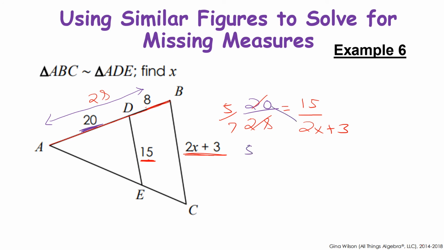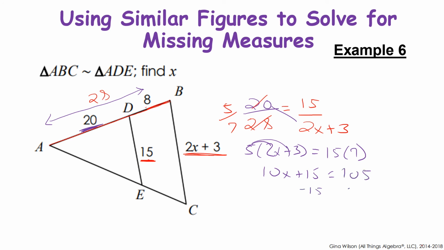So 5 times 2x plus 3 is equal to 15 times 7. That leaves me with 10x plus 15, just using the distributive property. 15 times 7 is 105.